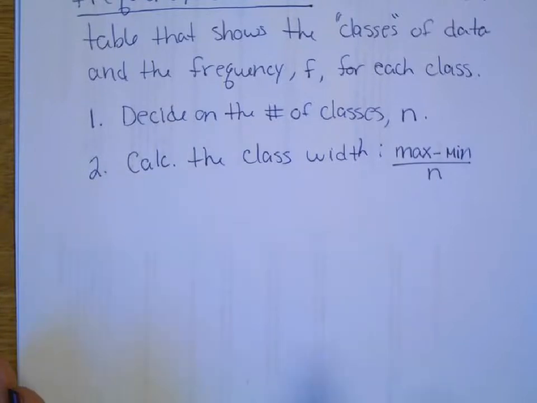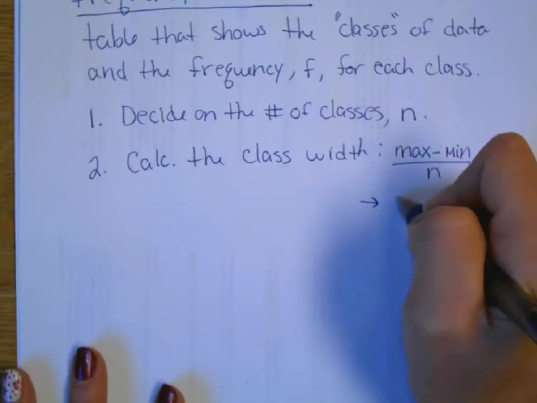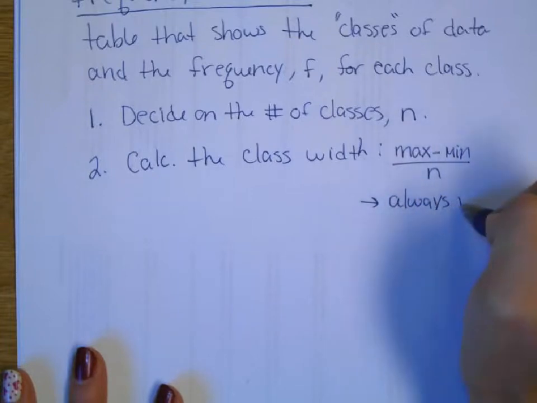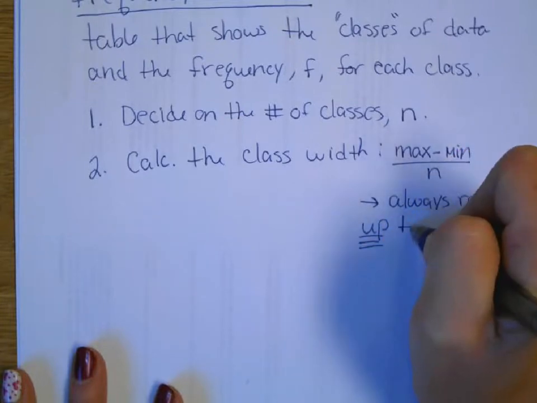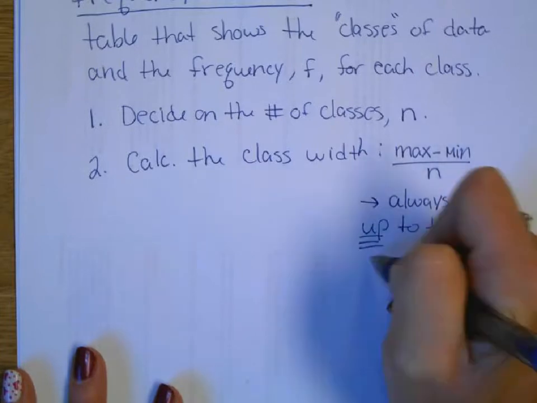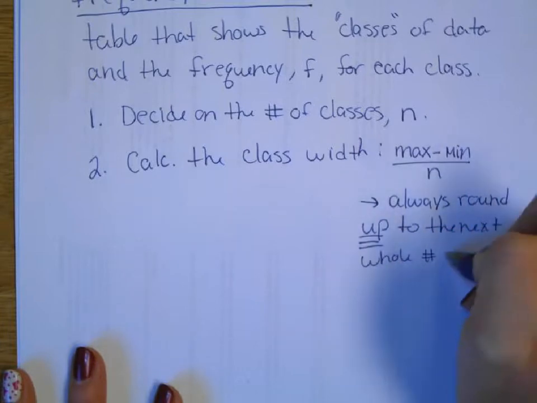So when it comes out a decimal number, we need the class width to be a whole number. So you always round up to the next whole number if you get a decimal.